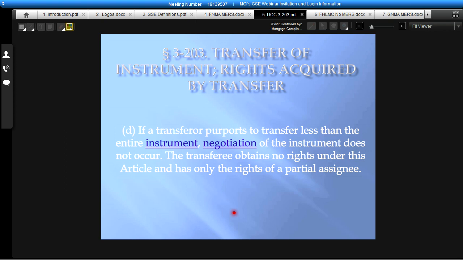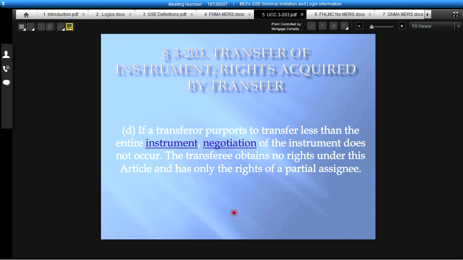Okay, so if we look back at what comprises an entire instrument: the tangible promissory note, the security instrument, and the payment obligation, all three named to the same sole payee.